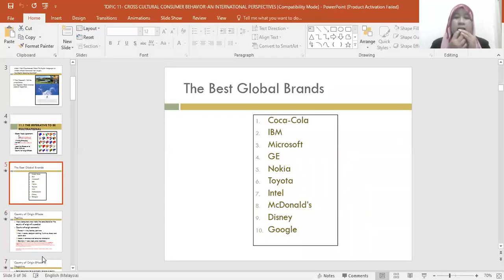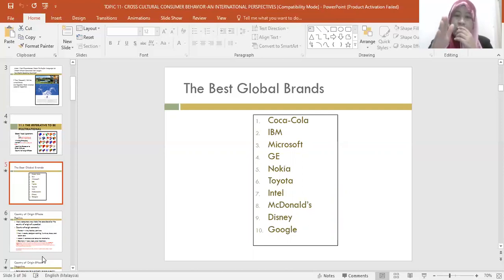Okay, this slide, I think, is similar. It is obvious that you are familiar. As you can see from here, we have Coca-Cola, IBM, International Business Machines, Microsoft, GE, General Electric, Nokia, Toyota, Intel, McDonald's, Disney, and Google.